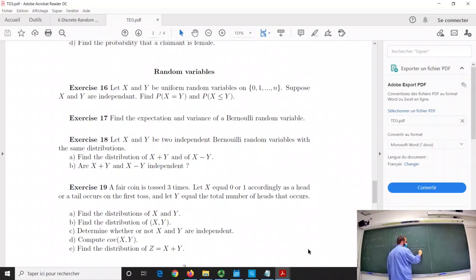Here I use the independence to write this. If they are not independent, I can't continue a priori this way. I need more hypotheses to be able to do this computation. But here they are independent.